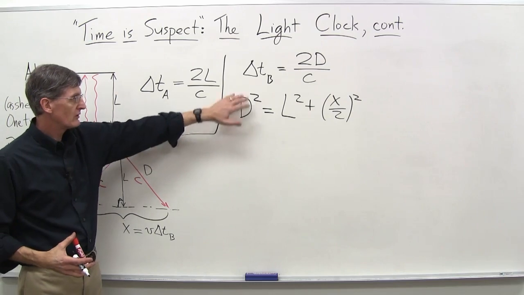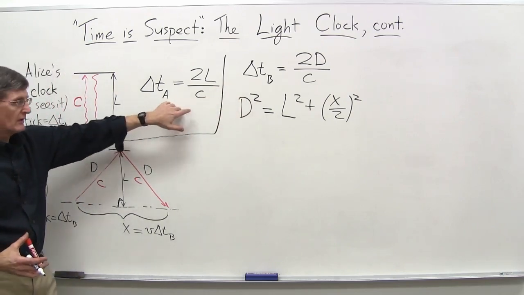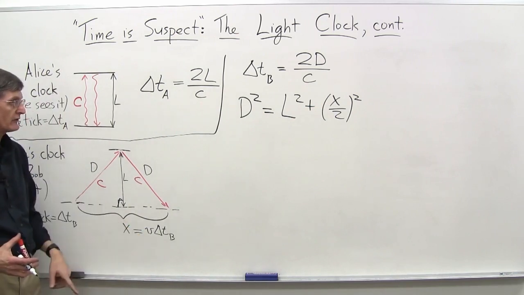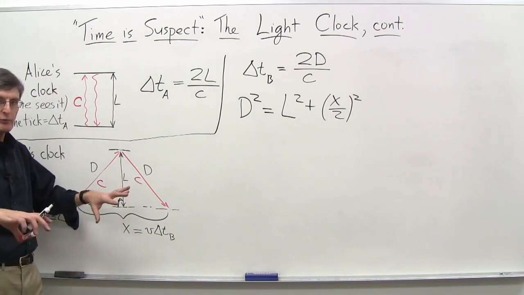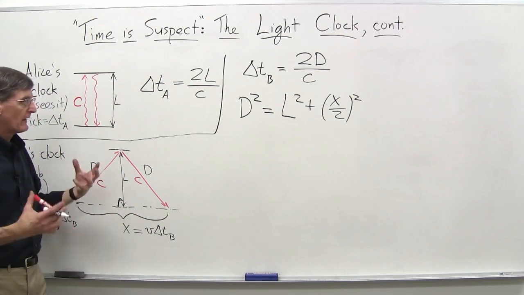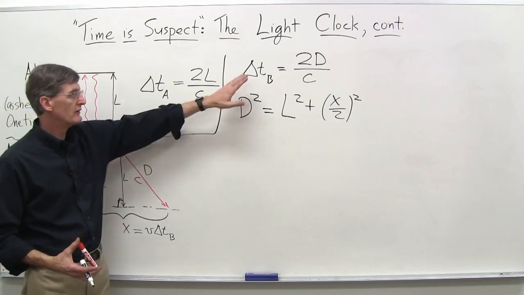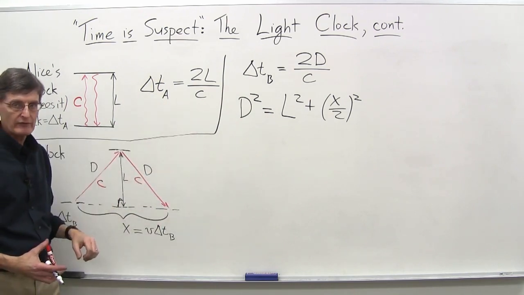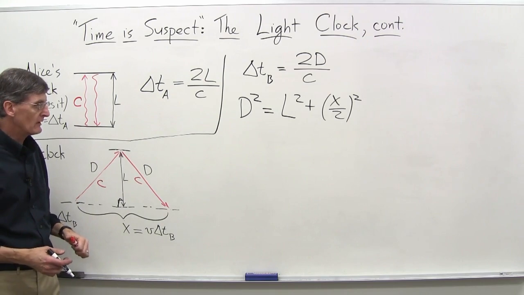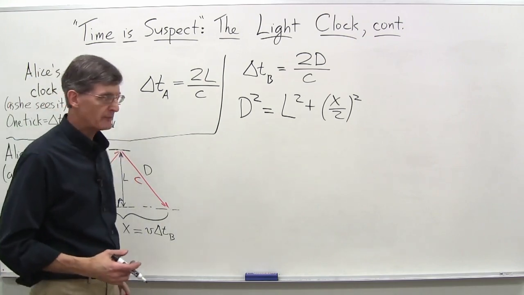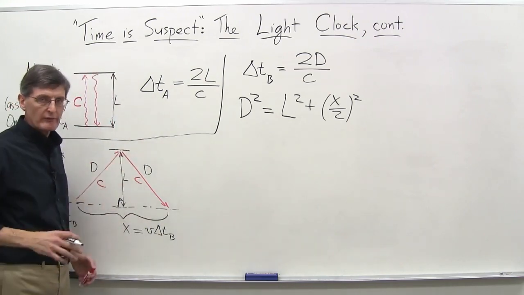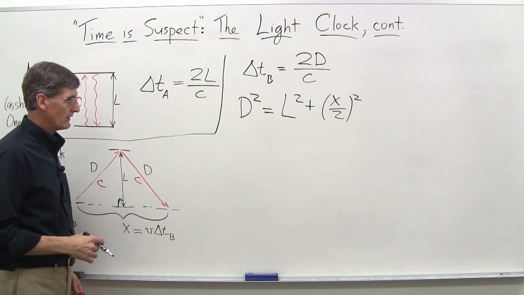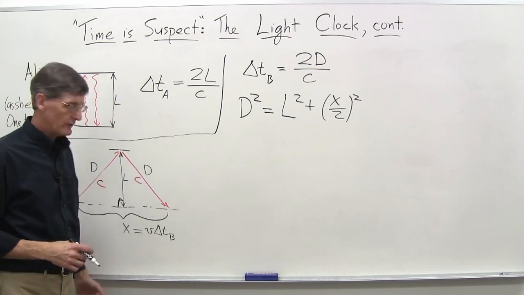We've got this equation and this equation, and we also know x, we'll fill this in a minute, involving v and delta T B. Can you put those together, manipulate them a little bit, and come out with a relationship just involving delta T B, delta T A, the velocity v, and the speed of light c? Because that's our goal here. So if you want to, pause the video clip at this point, spend a few minutes working with that, see how far you can get, and then come back. Which we'll do right now. We'll plow on here and persevere.